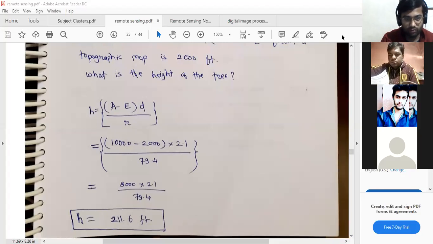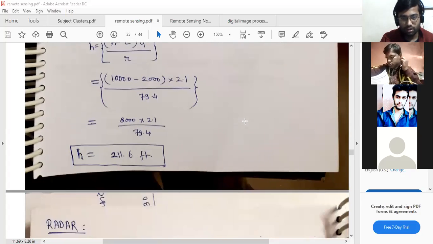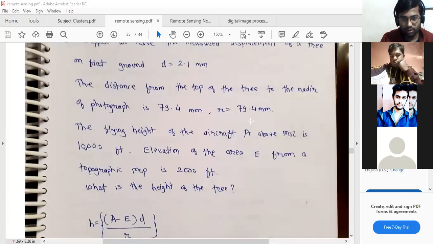Okay, to obtain the value in inches. Okay, because 1 feet is equal to 12 inches. Clear? It's like this. Clear?